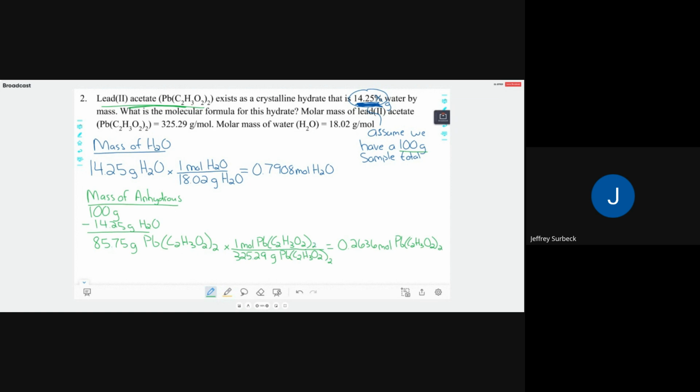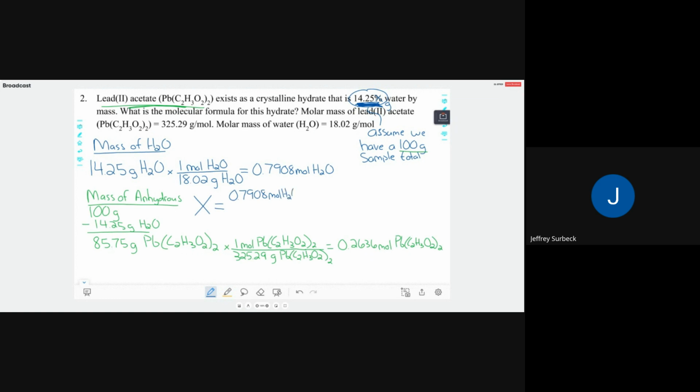Okay, and now we do this. To find out what we're ultimately after, which is what whole number we should put in front of our formula, we're going to have our X, and we're going to take the 0.7908 moles of our water.